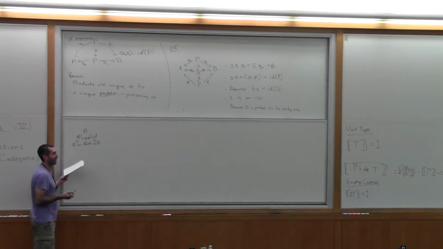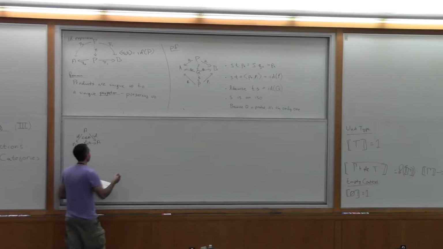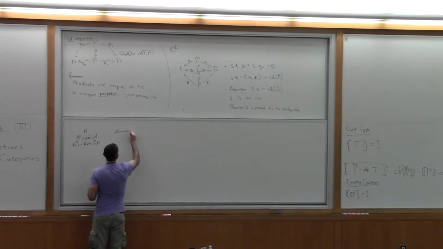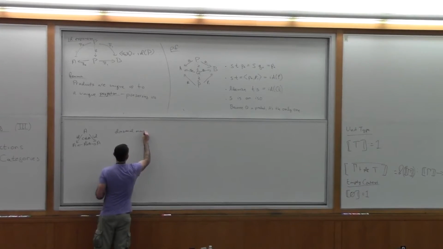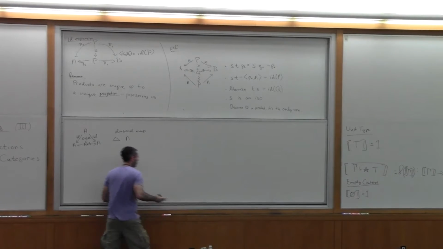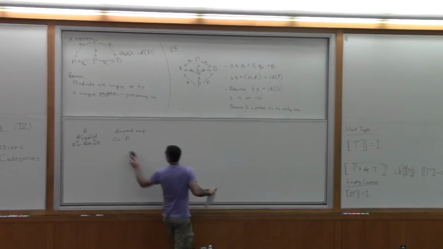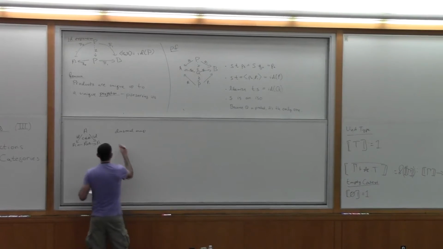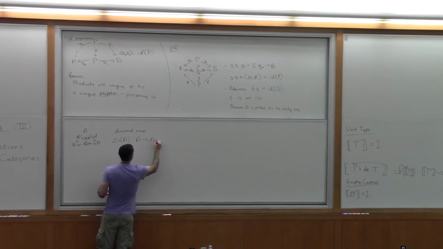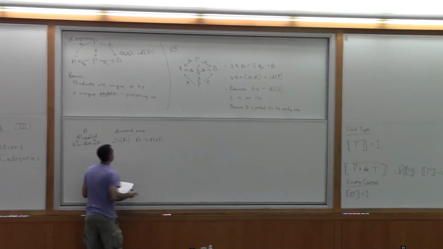So I always have this map for any object A, and this is called the diagonal map, which I'll write delta. Delta of A goes from A to A cross A.